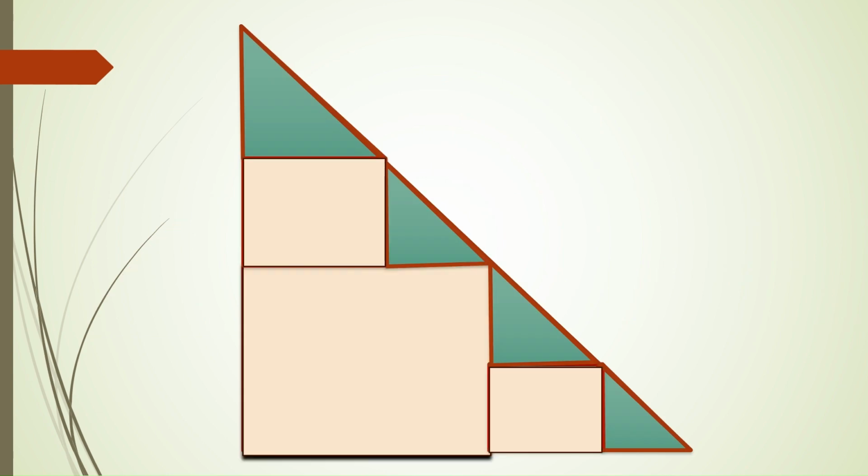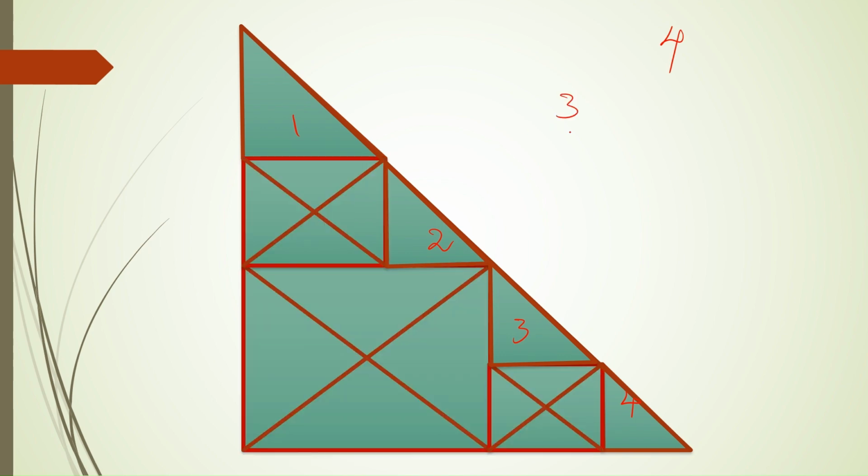Now consider this pattern. Here we have 3 square patterns and also we have 4 small triangles. Now these 4 small triangles we'll write first, and because of the 3 square patterns we have, it is 3 into 8, that is 24 triangles in those 3.